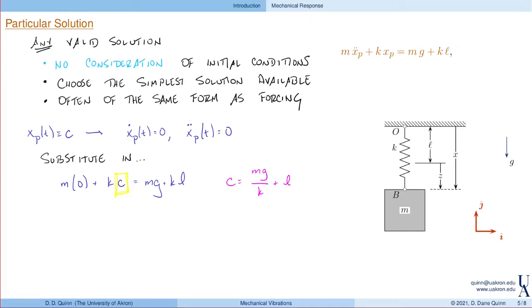Now, we can talk about this a little bit, and one interesting thing to note is that for constant forcing, like we have here, the constant particular solution corresponds to static equilibrium.